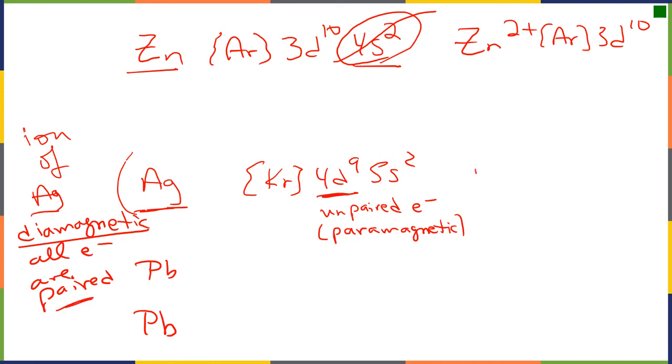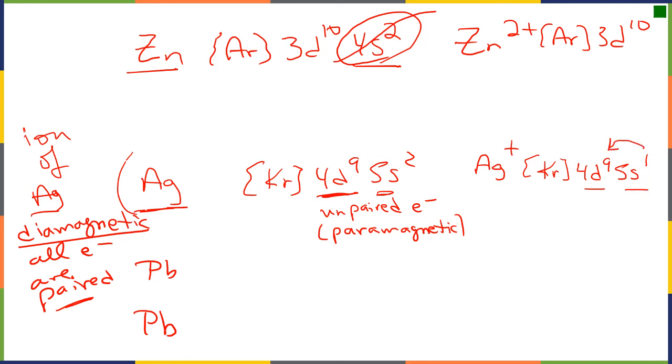Now we remember that silver is always silver plus 1. And if we write out our electron configuration and we do it straight off of our valence electrons, we think it should be 4d9 5s1, pulling off 1 from the outside. But that gives us unpaired electrons, and this has no unpaired electrons.